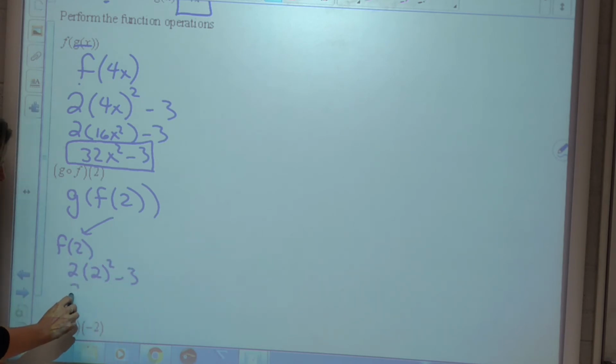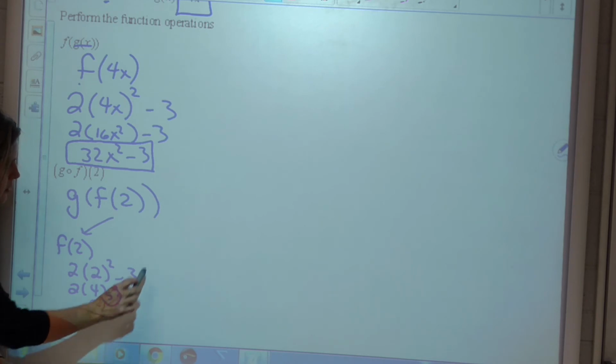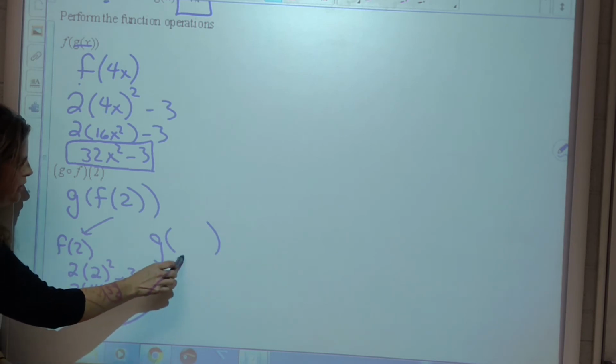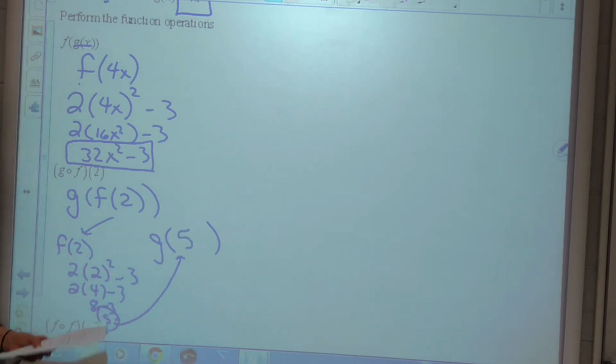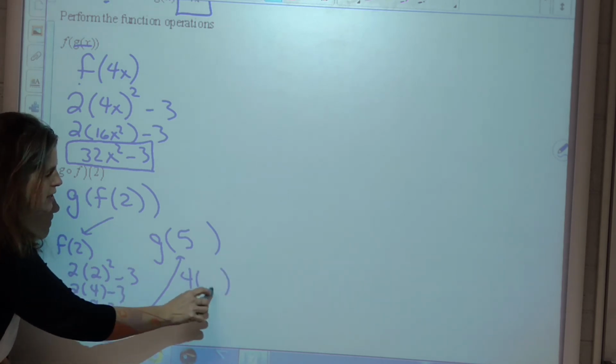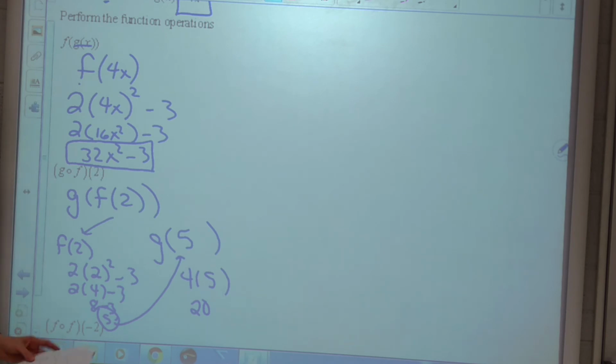So I wind up getting 2 times 4 minus 3, which is 8 minus 3, or 5. That value comes over here into my g equation. I want g of 5. Well, g is just 4 times x. My x is now 5, so I get 20.